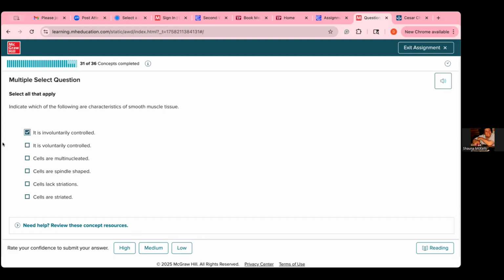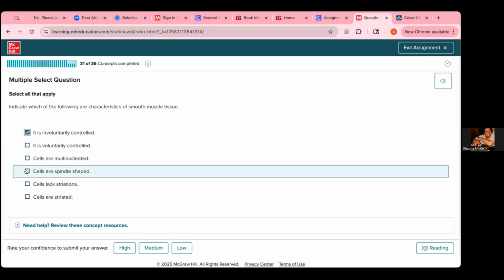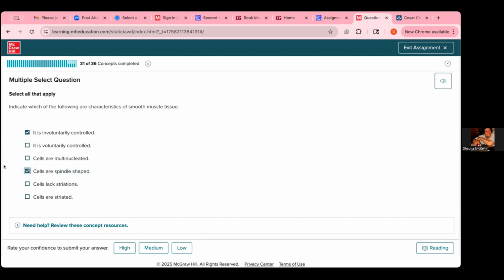Okay, so they're not striated, but they're spindle shaped and they're slow to contract. Okay, let's see what they have on the list. Smooth muscles are not striated. They lack striations.